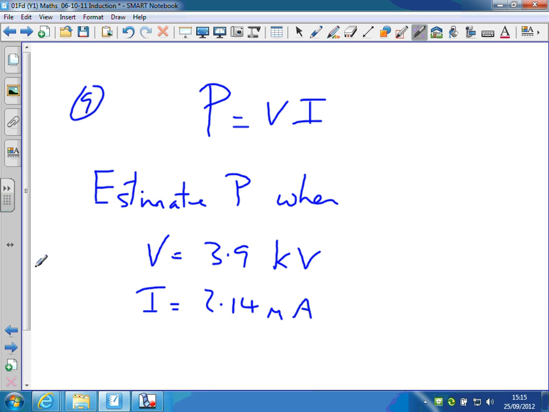Because the kilo and the milli cancel each other out effectively. One's 1,000 and one's 1,000, so they cancel each other out. 4, rounding to one significant figure, times 2, 4 twos are 8, so 8 watts. Well done, Alex. 8 watts is an estimate for that answer.